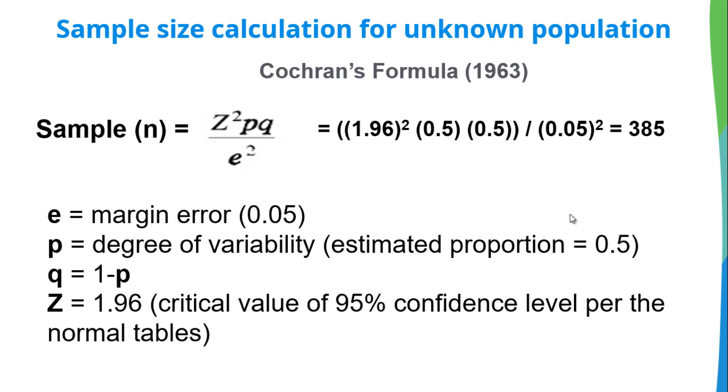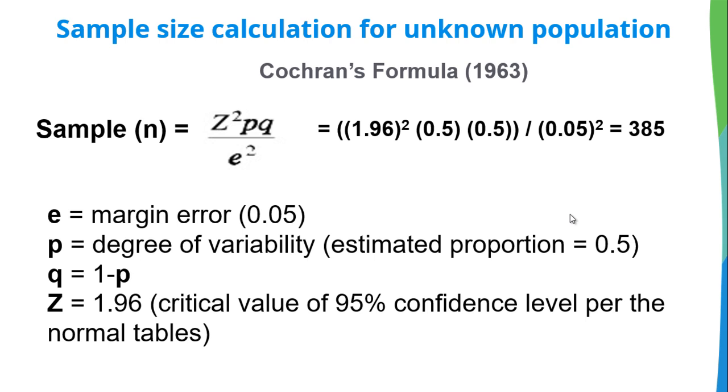So the sample size is equal to z squared pq all over e squared, where e is the margin of error you are willing to allow, which is 0.05. Then we have p, the degree of variability, which is the estimated proportion, 0.5. Then we have q, which is 1 minus p. Subtract p from 1 and that gives you q.